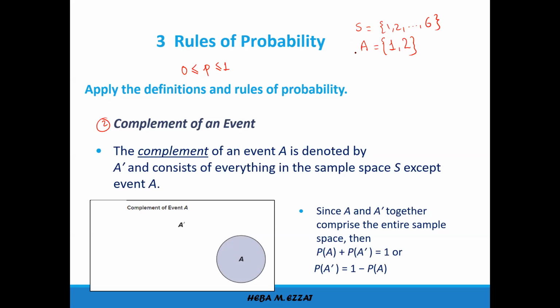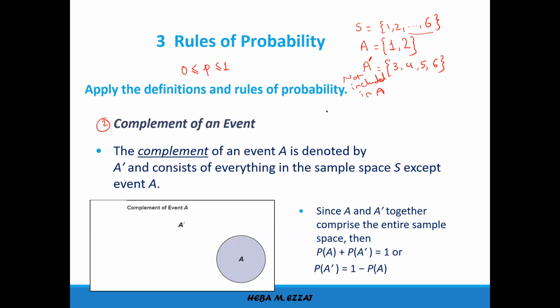For this event, we have something called a complement event, or A prime. It will contain all that is not included in A. So here, what is not included in A will be 3, 4, 5, and 6. Okay?